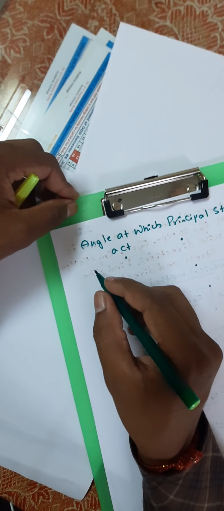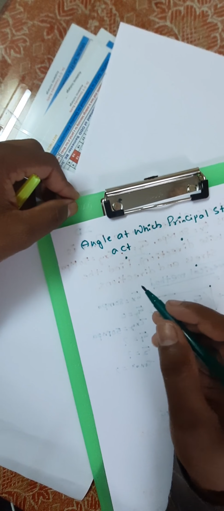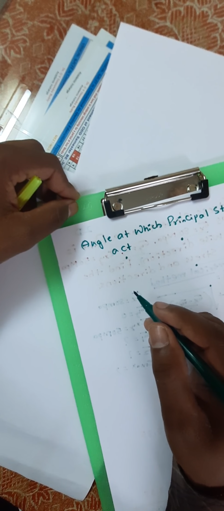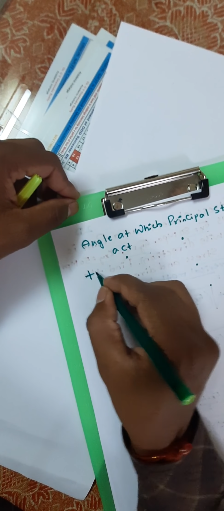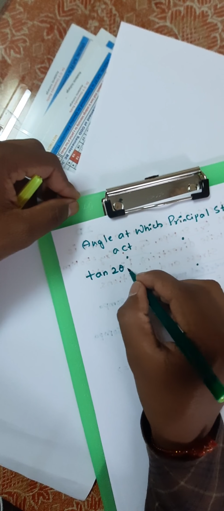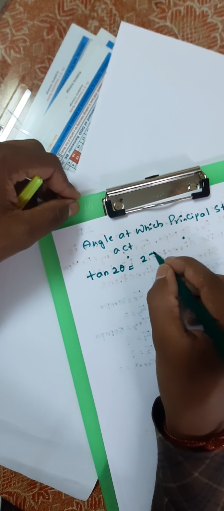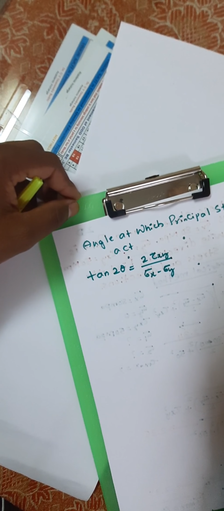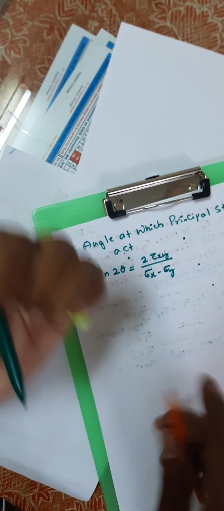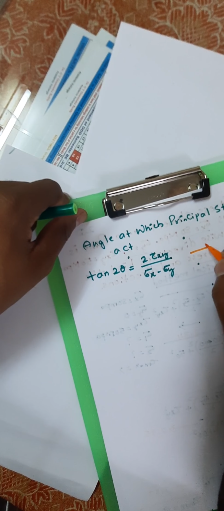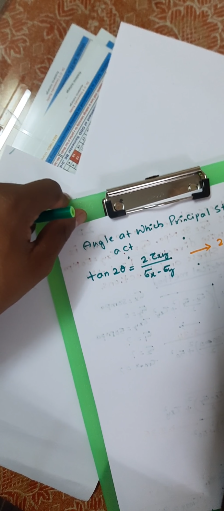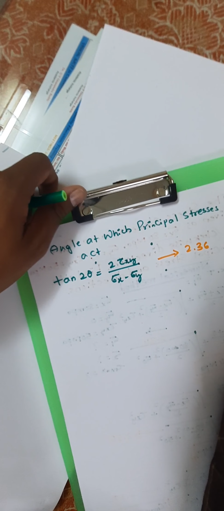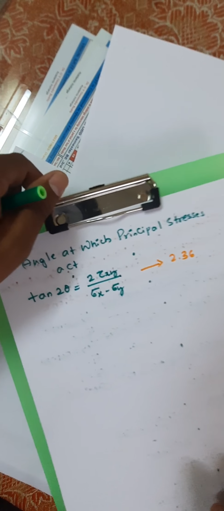The equation, also available in the data handbook, is equation number 2.36: tan 2 theta is equal to 2 times tau xy divided by sigma x minus sigma y. It is on page number 2.7, equation number 2.36. This is the equation we have.